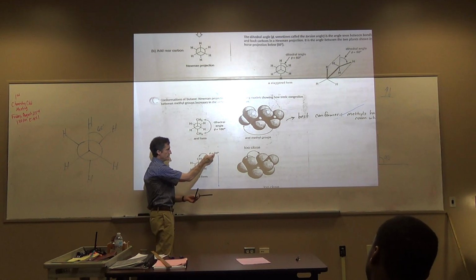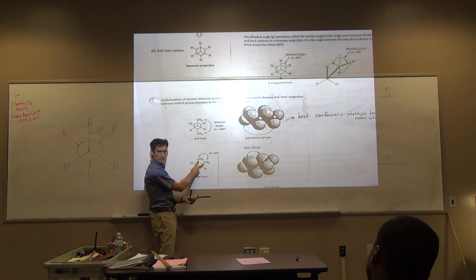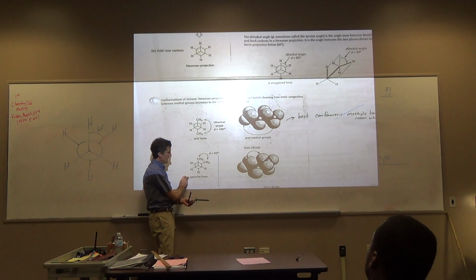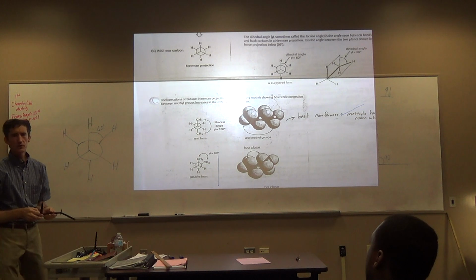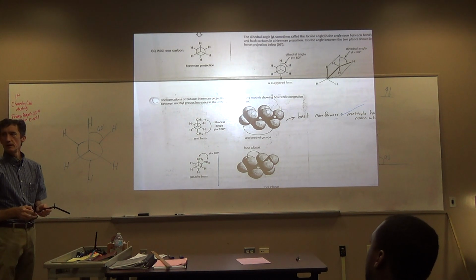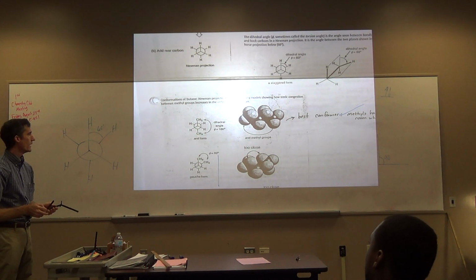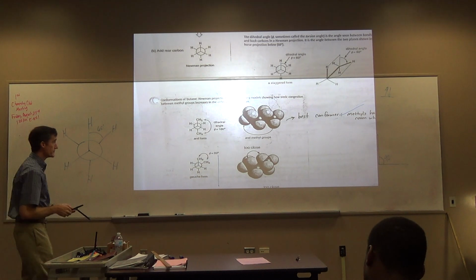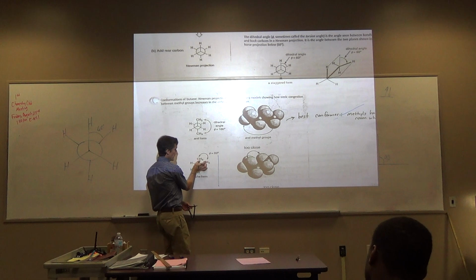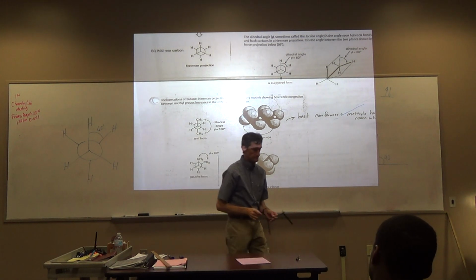That's a 60-degree dihedral angle between the methyls. That's called gauche. I think that's French. You might know French. Good. I think it pretty much means to the side. Okay? The methyls are sort of side to each other.